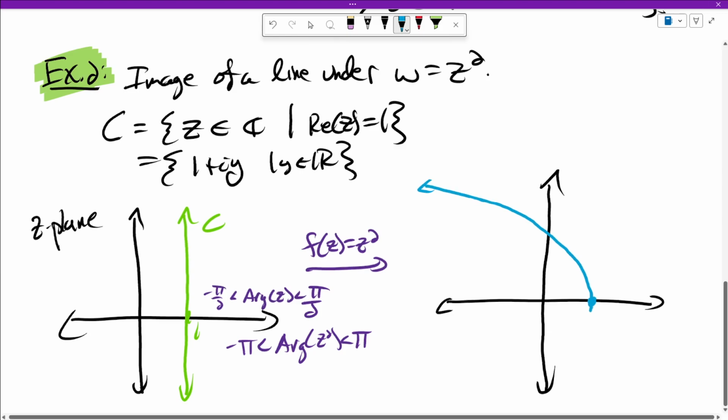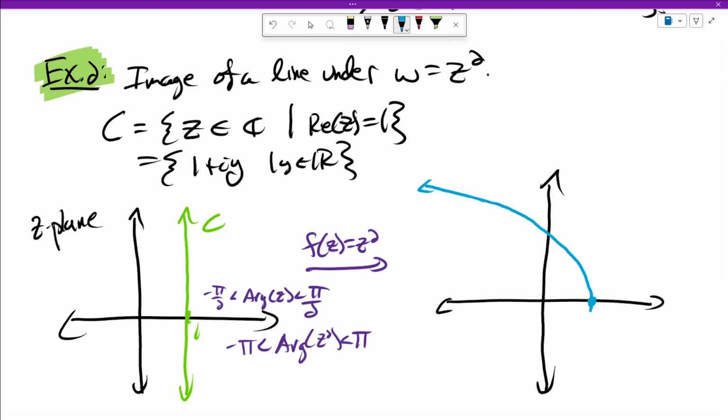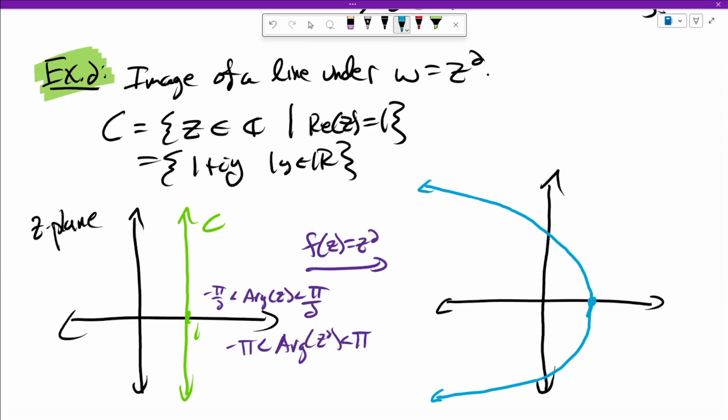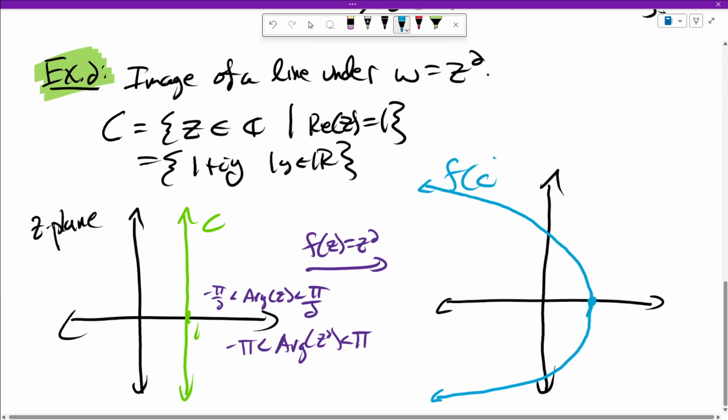And then similarly, as we go downwards on C, our distance from the origin is going to get bigger, but we're going to start to curve because our argument is going in a linear way, whereas our modulus is not. It's going in a quadratic way. So this is going to be what f of C looks like. It's going to be a parabola.